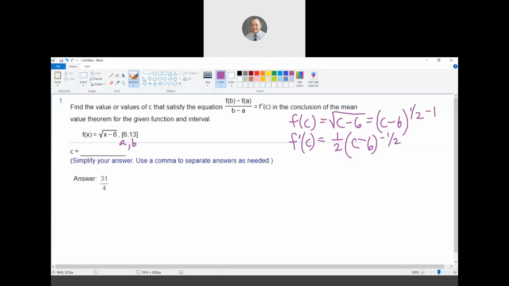That gives us negative 1/2. And then don't forget, using the chain rule, you got to take the derivative of your c minus 6. The derivative of c minus 6 is just 1. Now, let's rewrite this back in radical form. And it will be now 1 over 2 times the square root of c minus 6.